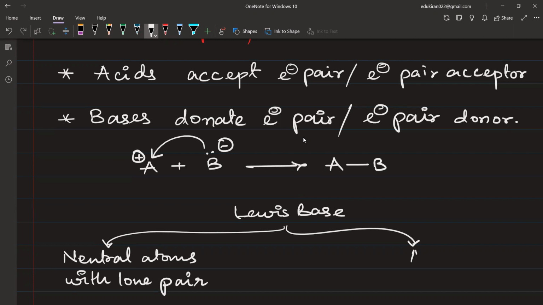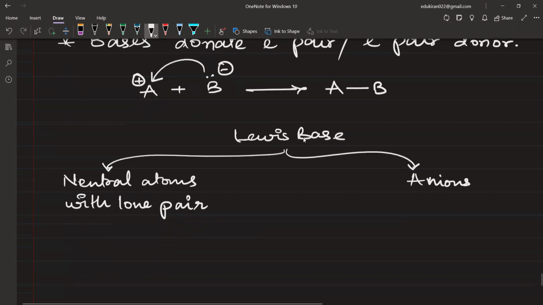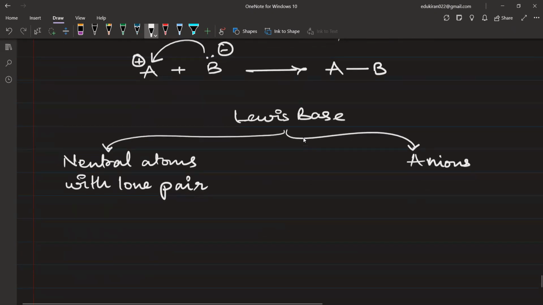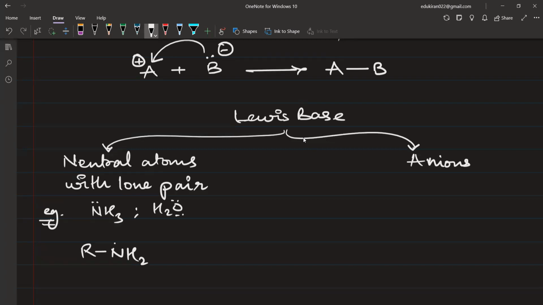Or it can be anions. For example, NH3, this can act as what? Lewis acid. Sorry, can act as Lewis base. Water can act as Lewis base. Amines can act as Lewis base, RNH2.